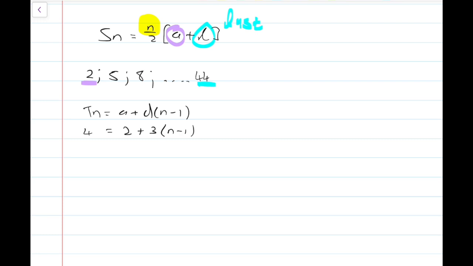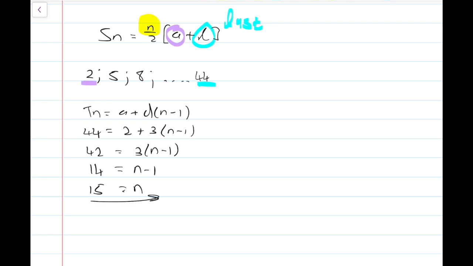And your last term is 44. You take it over, that's 42 is equal to 3 into n minus 1. We're going to have this as 14 because I'm going to divide by 3. So 42 divided by 3 is 14. n minus 1, n is equal to 15, and that's done.